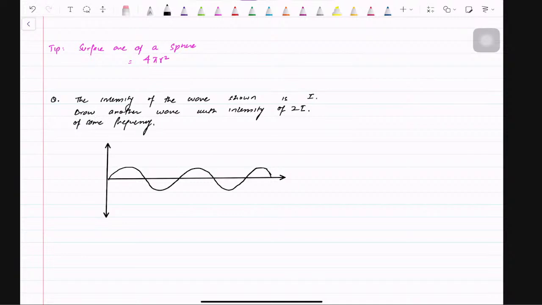Now it has an amplitude A1, and this is the displacement on this side, and this be the distance. Okay, let's suppose. Alright. Now Ikra, if I ask you what would be the amplitude of the wave that has an intensity double of the first one, can you please find that?